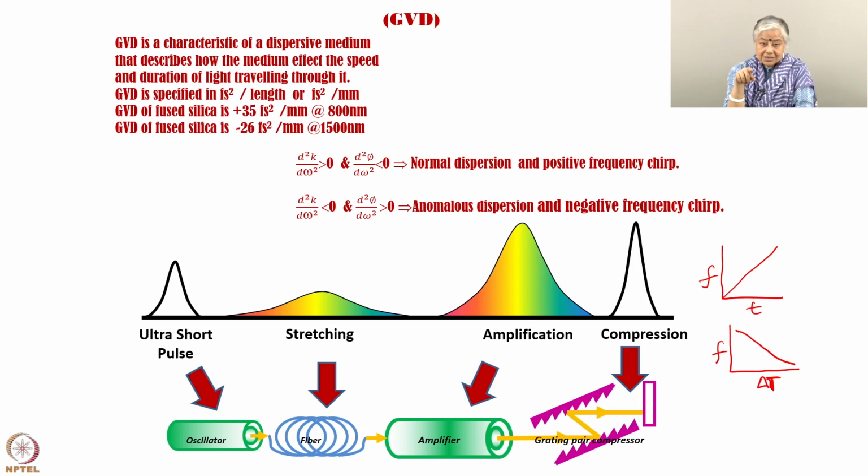Now, they are complementary to each other, but then this was the first experiment, and of course, it was an ingenious idea, but it was found later on that the pulse that is stretched in a fiber and then compressed in a grating compressor, you never get back the ideal initial seed pulse.